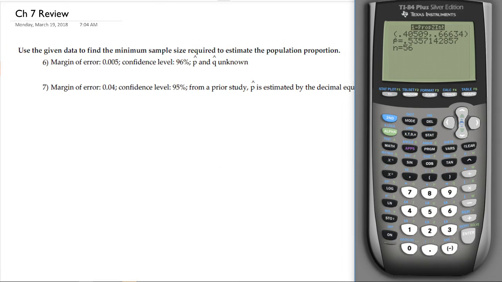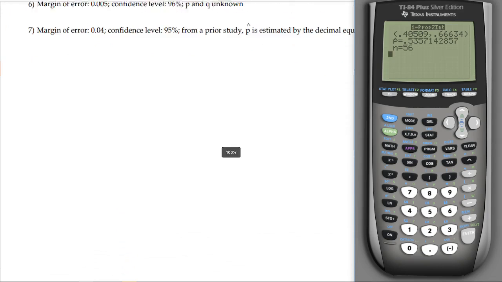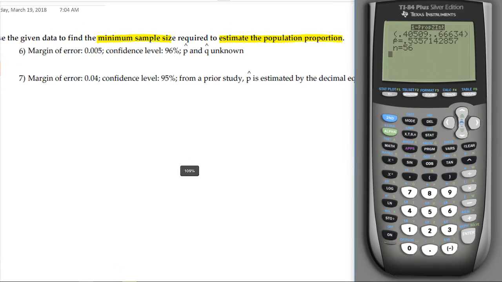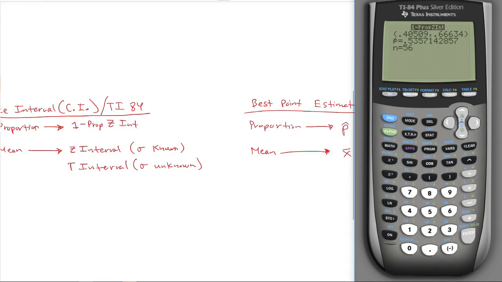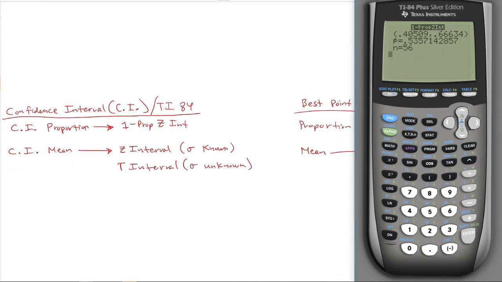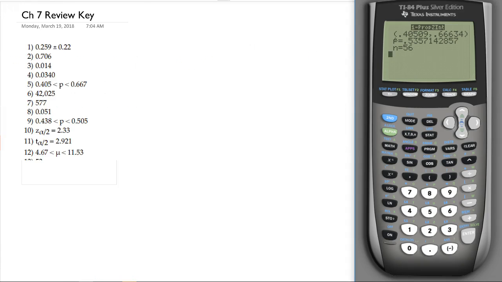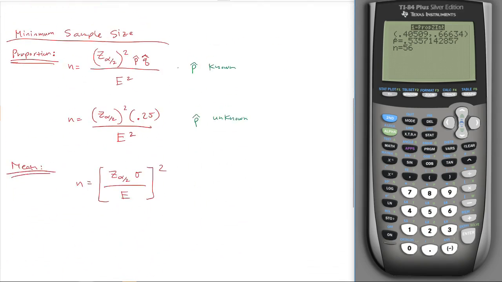So the instruction says find the minimum sample size required to estimate the population proportion. So when estimating the minimum sample size, there are 3 formulas. And just look for the notes where I have those formulas. There it is.